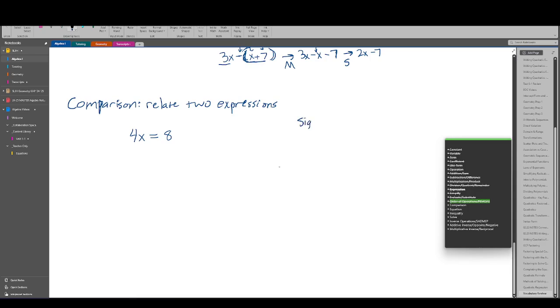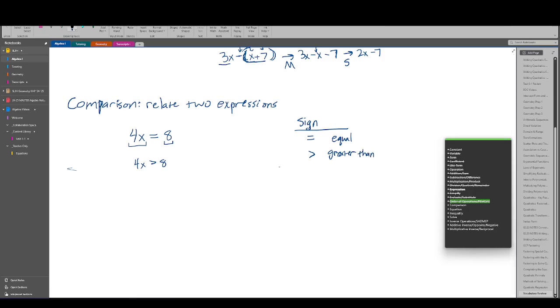So we have different signs that we use to compare expressions. I have an expression or a term 4x and an expression 8, and this equal sign says that they are the same size. Whereas if I put 4x and then this symbol and then 8, this symbol means greater than or bigger than. So that says 4x is more than 8, not equal to 8.